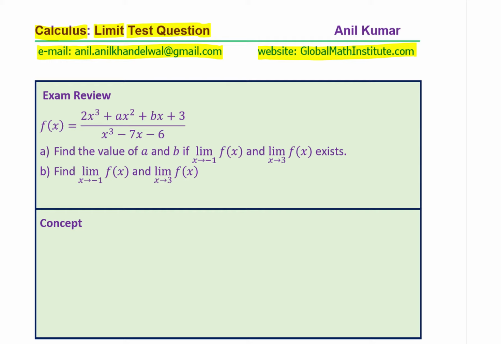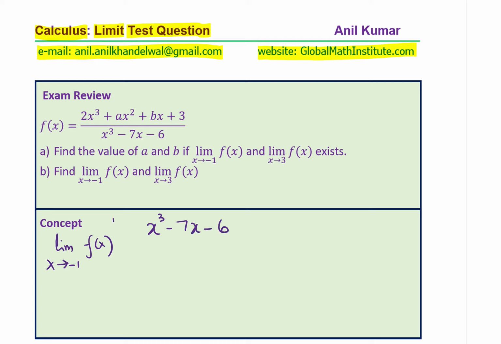Now, let us see. How do we solve it? Well, we want to find the limit when x approaches minus 1 for the function f of x. What do you notice? Well, if I substitute minus 1, then the denominator is 0, right? You know the denominator is x cubed minus 7x minus 6.